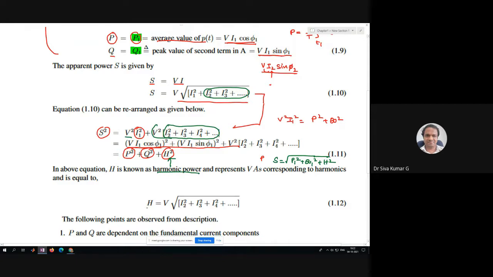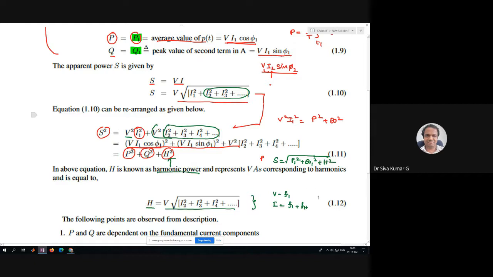Okay, this is harmonic power, S is equal to V square into I2 square plus I3 square. This equation is valid when the voltage has the fundamental voltage and the current has the fundamental plus the harmonics in current.